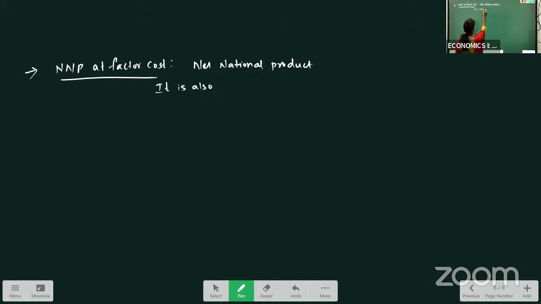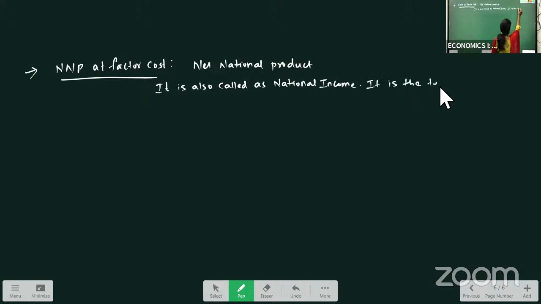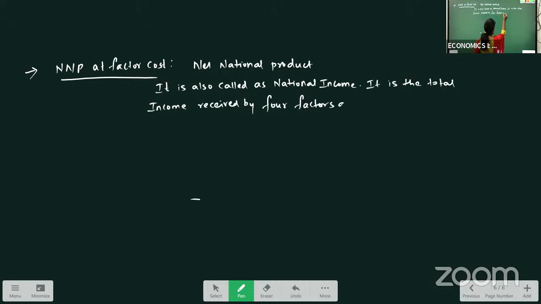It is the total income received by 4 factors of production in the form of rent, wages, interest, and profit.